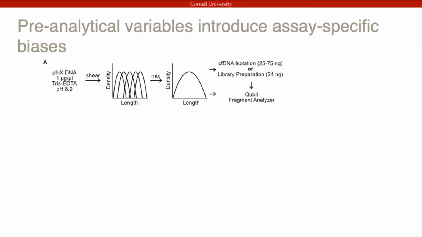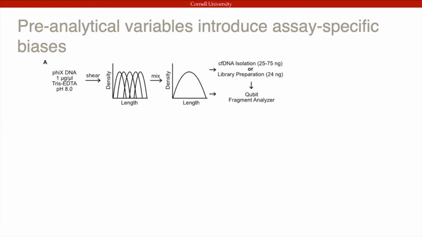For the first part, we created measurement bias models where we took phiX DNA that was sheared to 5 different target lengths and then mixed so that we had a fragment length profile that was broad and smooth, ranging from 0 to 500 base pairs. We took this mixture and subjected it to either cell-free DNA isolation or library preparation.